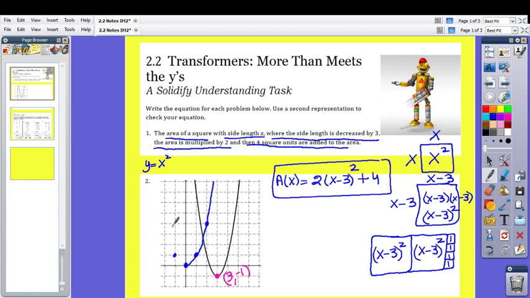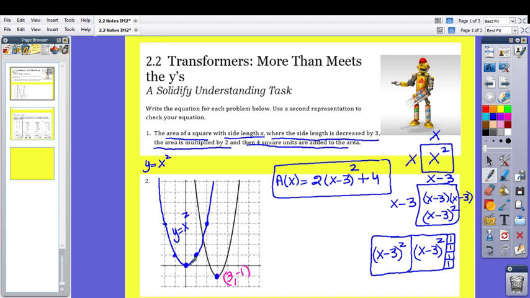Let me real quick graph it for you. So this is your y equals x squared function. Now you compare this one with your original y equals x squared function. It moved from here to here.